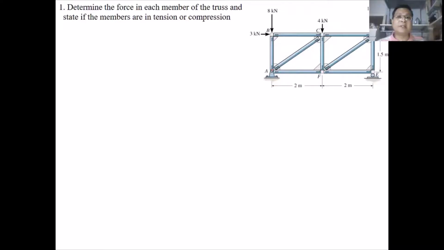For example, joint A will join to joint C with one truss member, and then from joint C will join to joint D with one truss member at a certain angle.